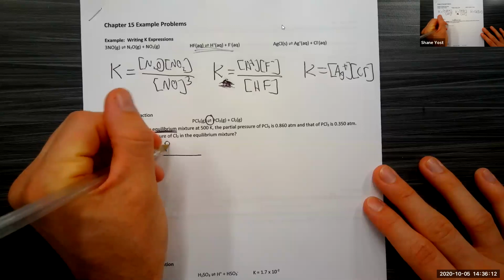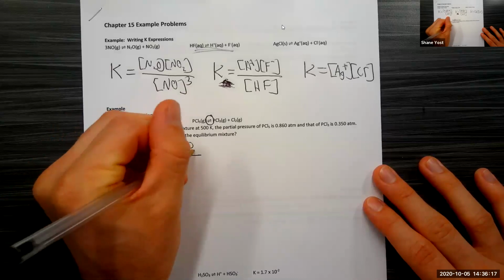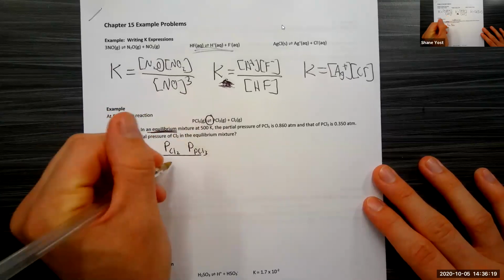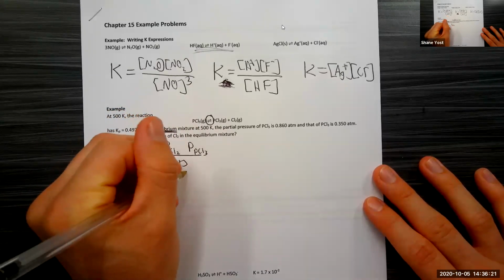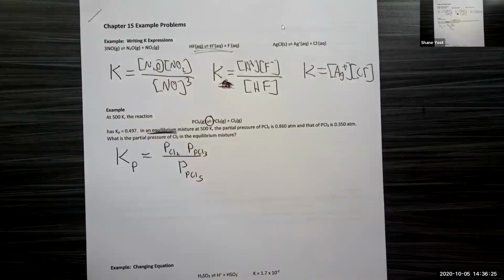So it's going to be the pressure of Cl2 times the pressure of PCl3 divided by the pressure of PCl5. Again, we include gases and aqueous species in our equilibrium constant expression. For gases, I could talk about the concentration of the gas, the number of moles in the volume that the gas occupies, but I could also talk about the pressure of the gas.